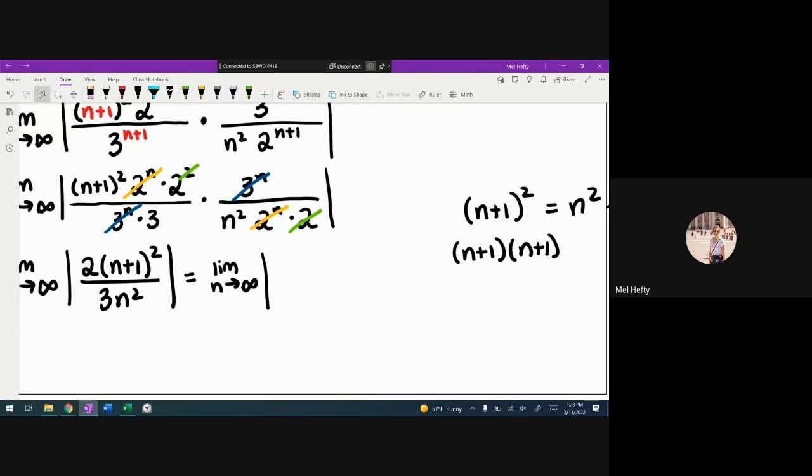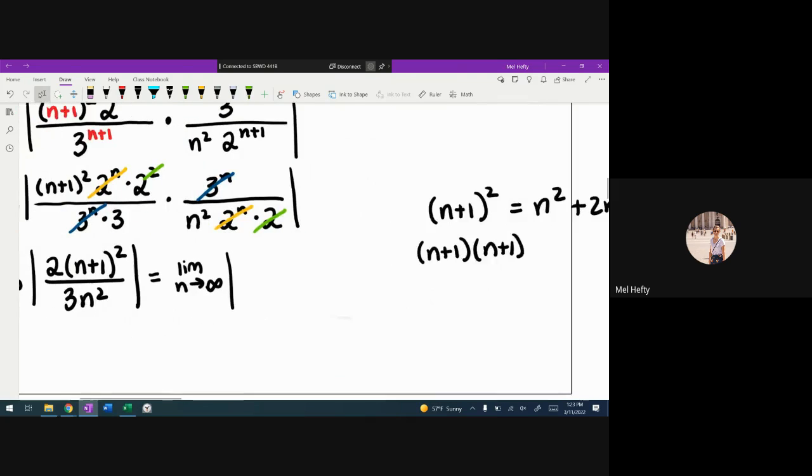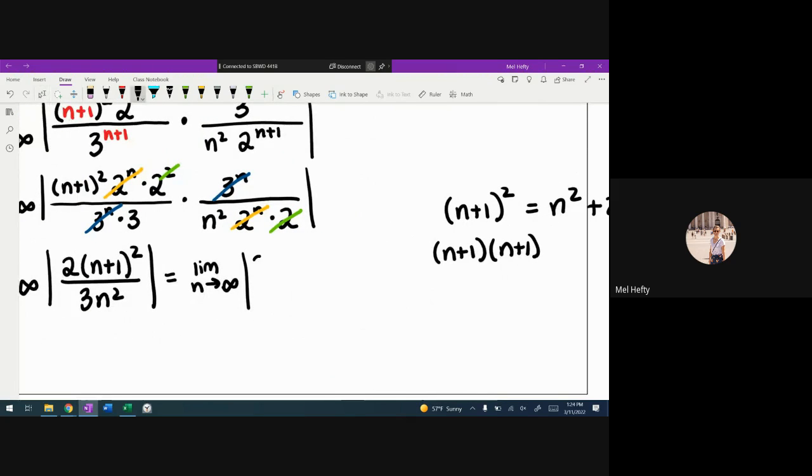Everyone knows how to do the convergence divergence part. You just mess up the algebra. I was looking at Nate's reaction. All right. So I'm going to distribute the 2 into that. So I'm going to have 2n^2 + 4n + 2 all over 3n^2.